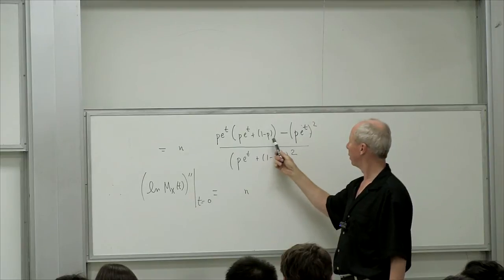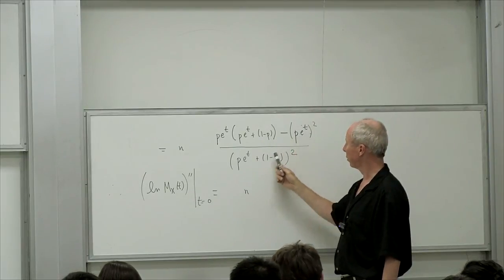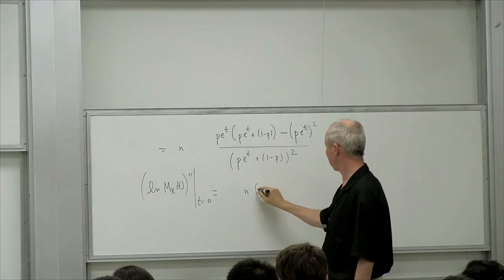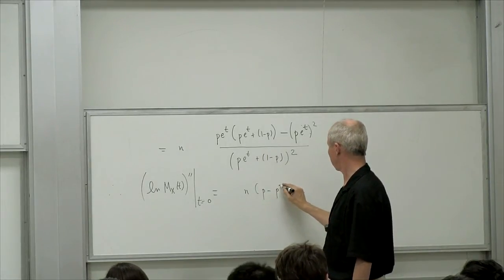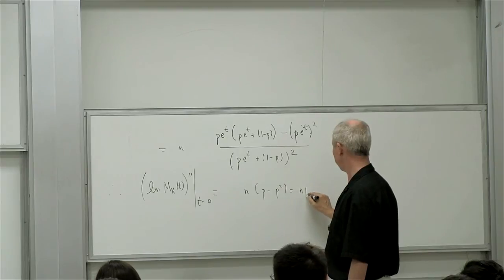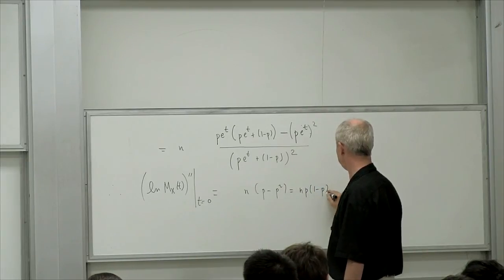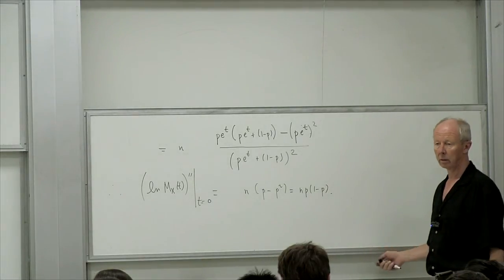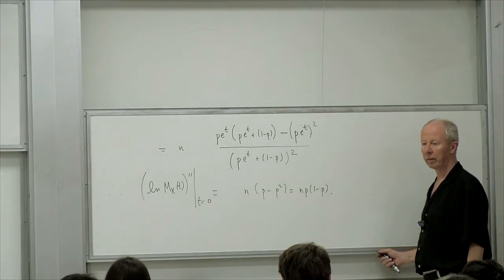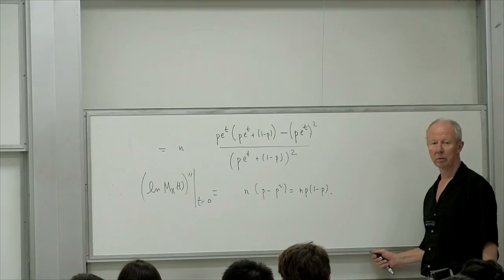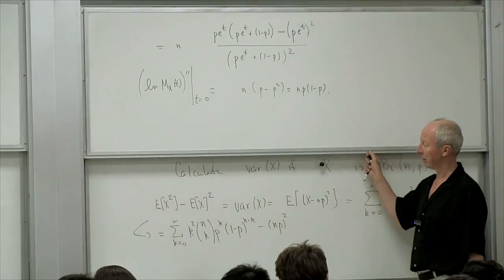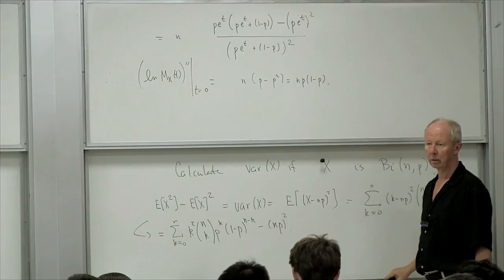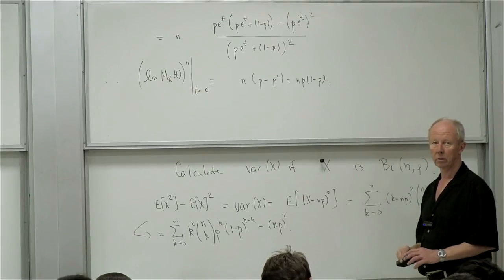One minus p squared over 1 squared. Or n p times 1 minus p. That's the variance of a binomial. Much easier calculation than this one. Okay.